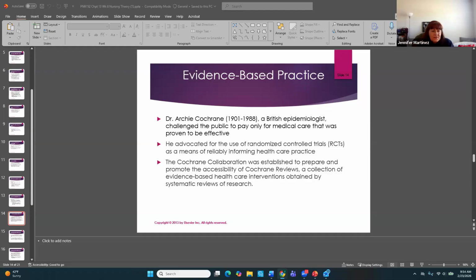So what does that mean? People do research, and we test whether it's a new intervention, a new medical treatment, a new surgical procedure, whatever it is. We take all of this information and review the research, and that is how we determine our evidence-based practice, okay?